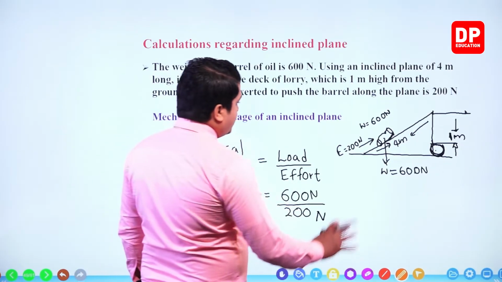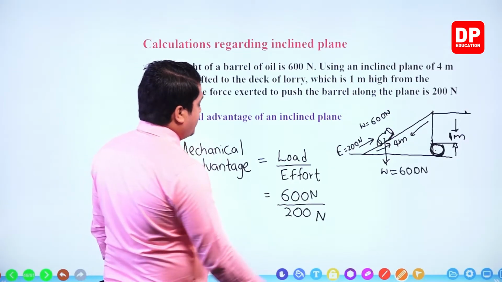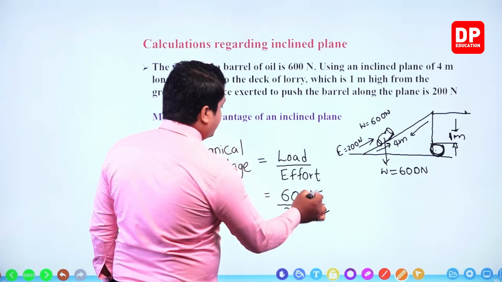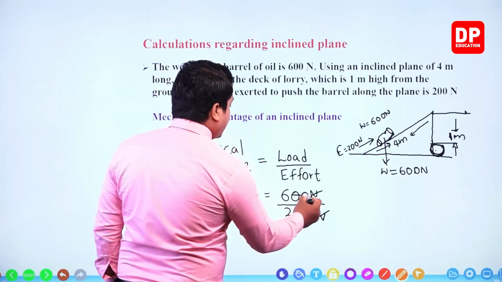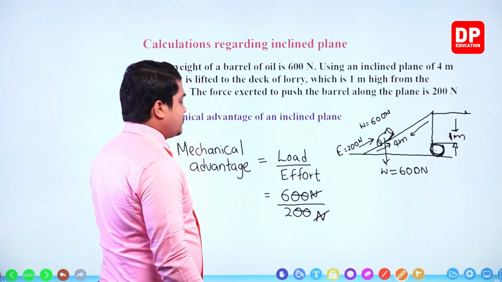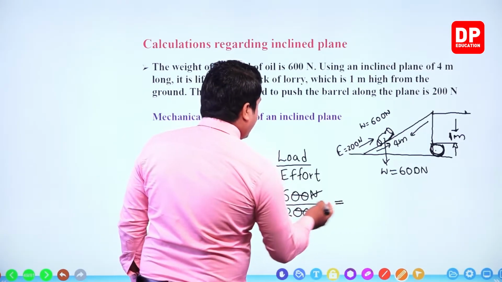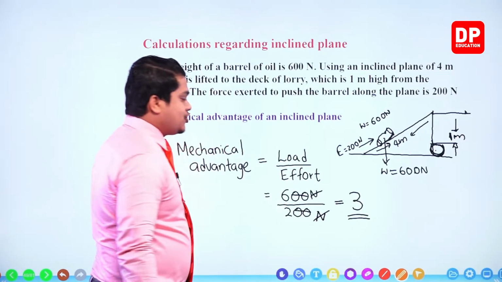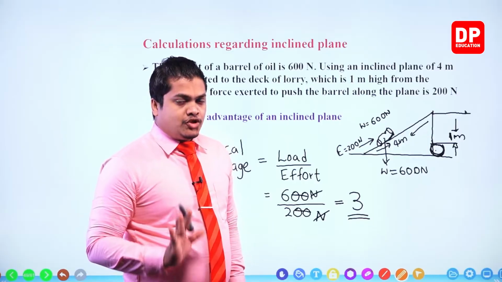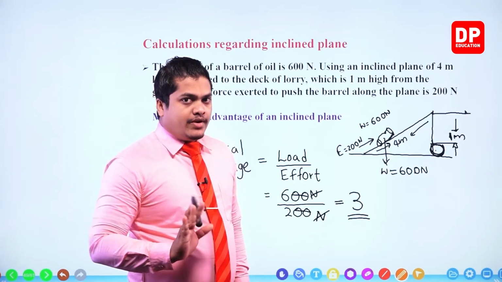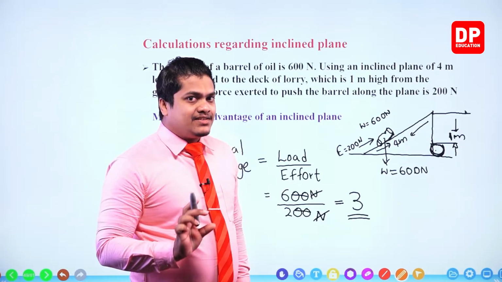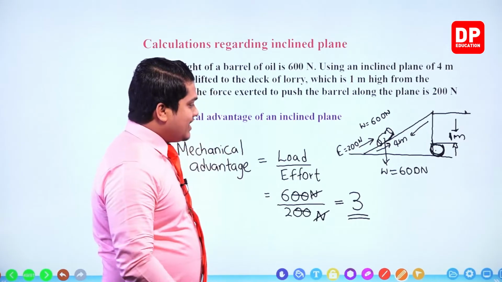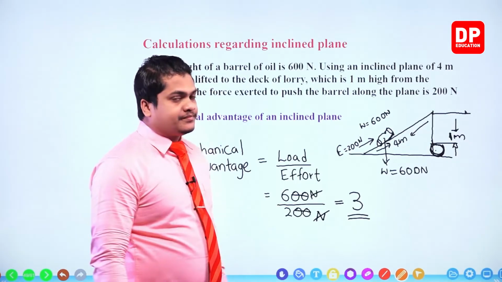So, my dear children, 600 divided by 200 should be our mechanical advantage. First of all, the Newton units cancel, and the 2 zeros cancel. Then 6 over 2 is equal to 3. There are no other units here, as it is a ratio. So the mechanical advantage is 3.